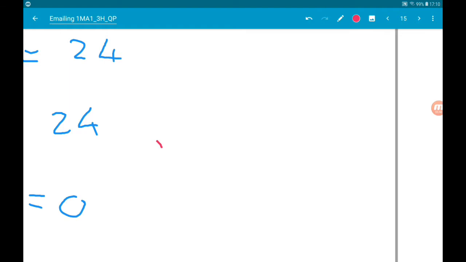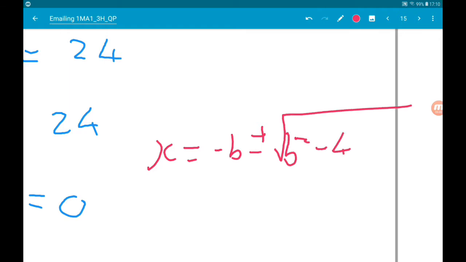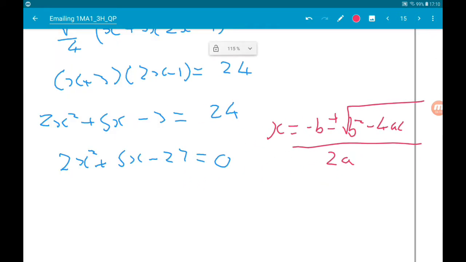It tells us that x is minus b plus or minus root b squared minus 4ac all over 2a. So, for us, a is 2, b is 5, c is minus 27.